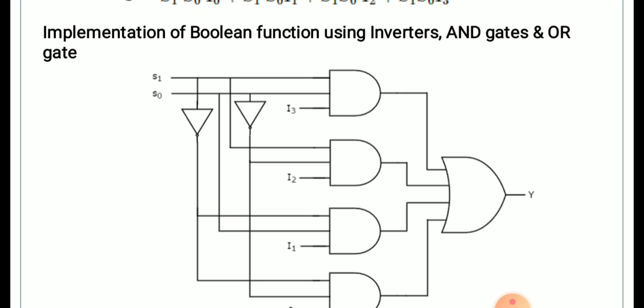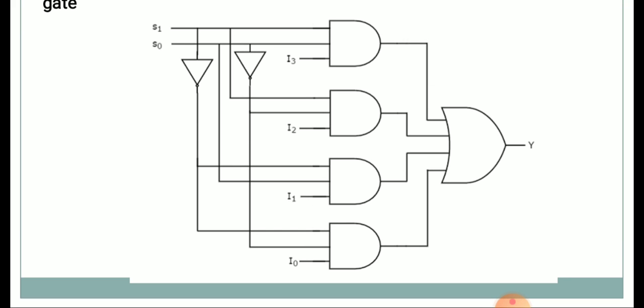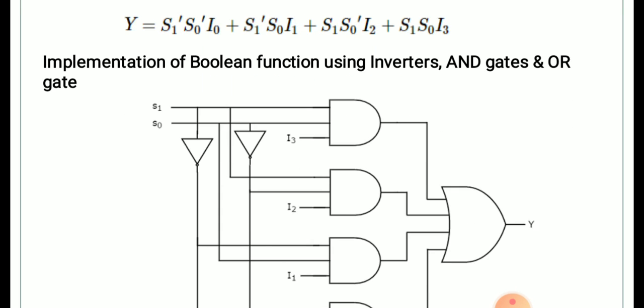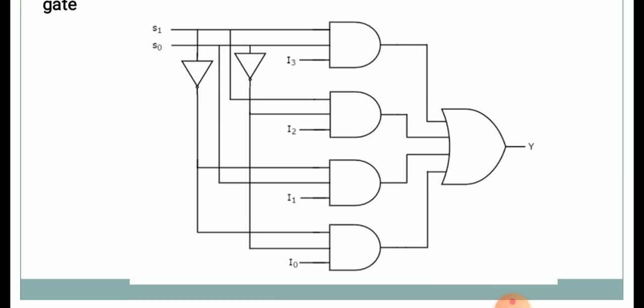That means both S1 and S0 are inverted, and then these two values are routed to an AND gate with the value I0. Since both are 0, the values of S1 and S0 are inverted and then passed through an AND gate.